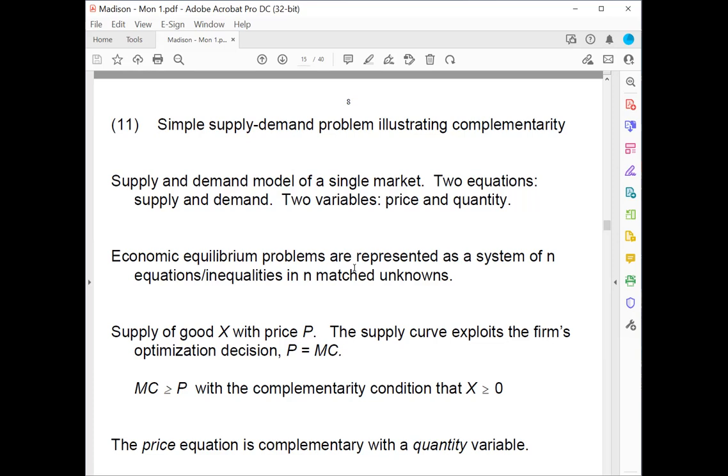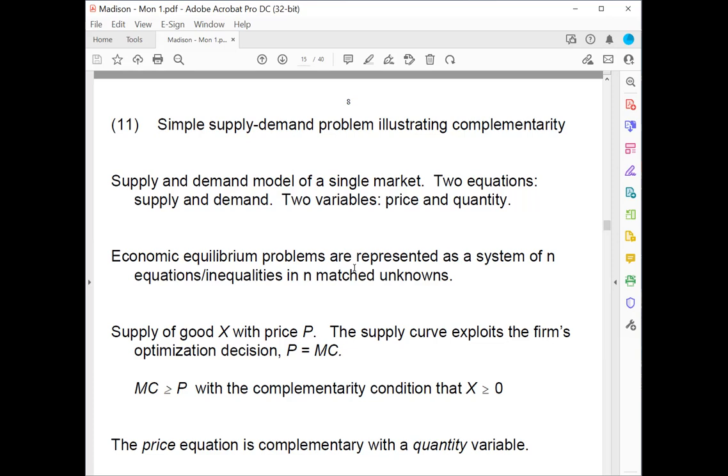So this is a partial equilibrium model, just a simple model, supply and demand for a single market, two equations, supply and demand, two variables, price and quantity. The economic equilibrium problem is represented as a system of n equations and inequalities and matched unknowns. You can't really do this as an optimization problem because there's two separate optimizations going on at the same time.